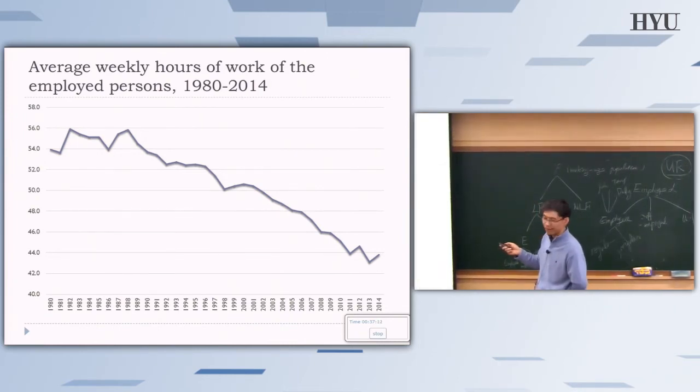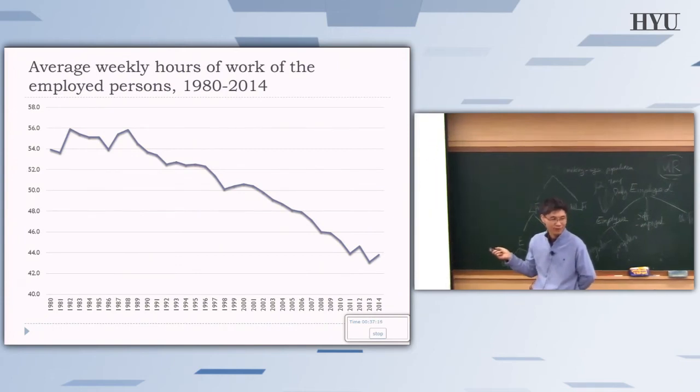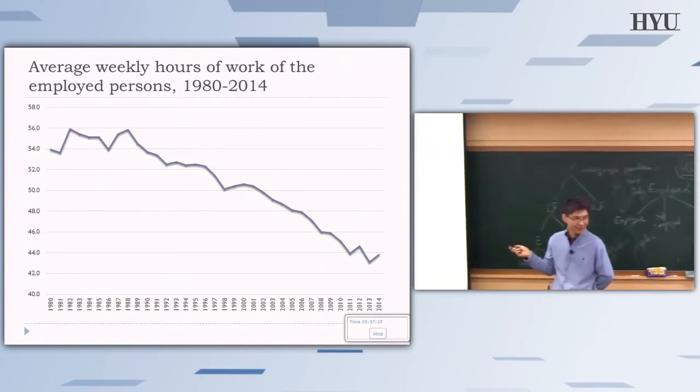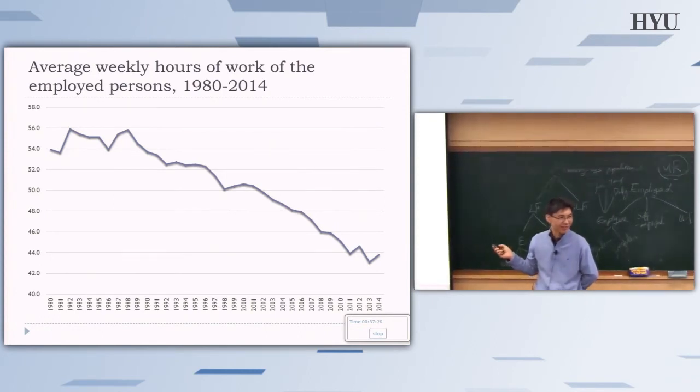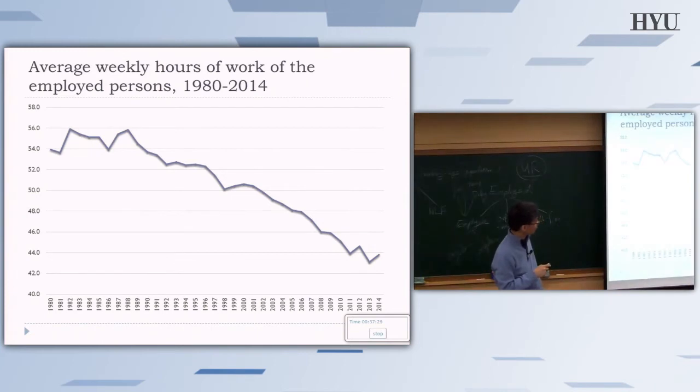As I said, a lot of them are actually farmers. I don't know, it depends on the season of the year, but anyway, they tend to work very long hours. And then over time, it basically drops. Okay? So now it's between 42 and 44, around 43 hours per week on average.